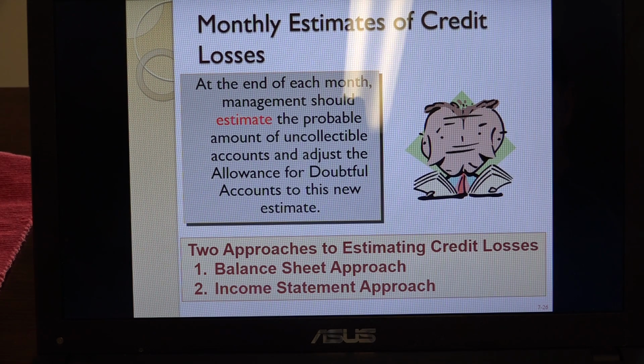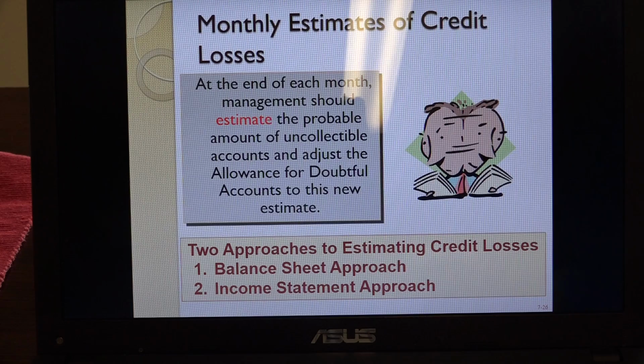At the end of the year, the fiscal year, management should estimate the probable amount of uncollectible accounts and adjust the allowance for doubtful accounts to this new estimate. So we use two different approaches. We use the balance sheet approach, and we use the income statement approach.